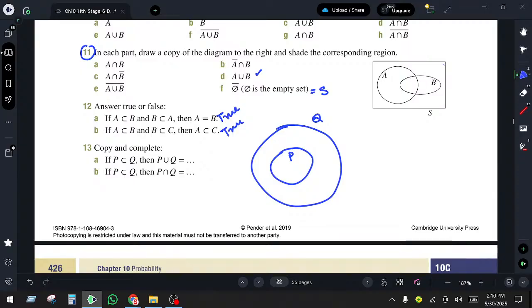So now what is P union Q? P as well as Q. Union means both. So what is this set? It is Q. Similarly, P intersection Q means the common portion, which is P only. They are the two important properties.